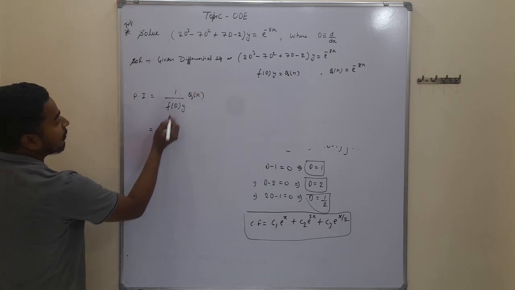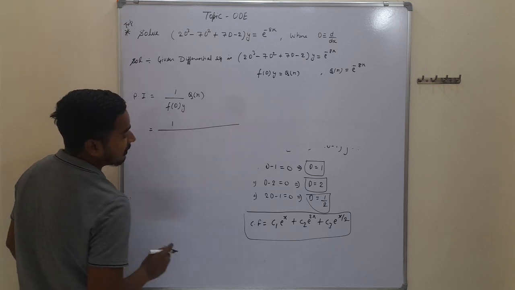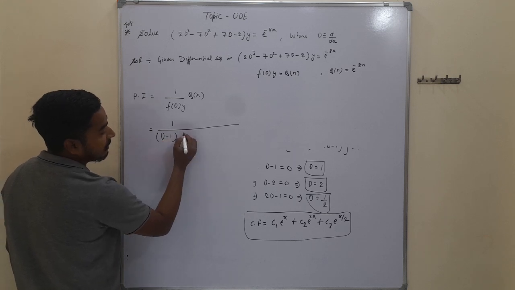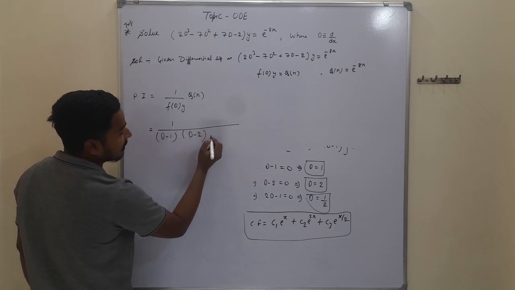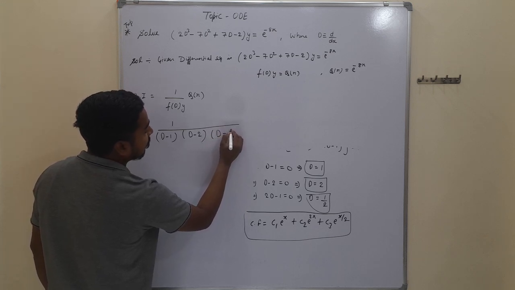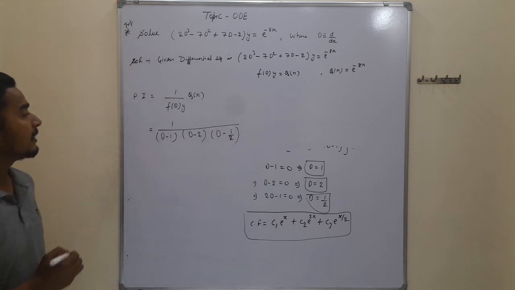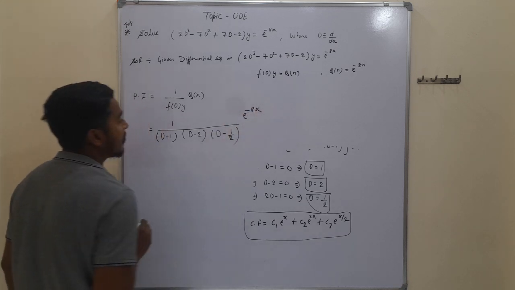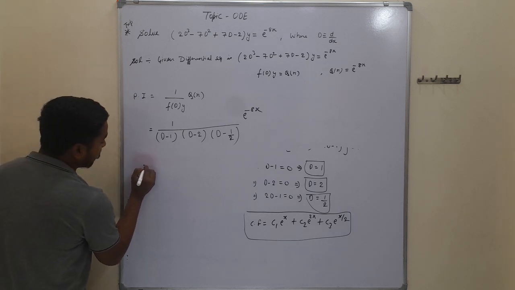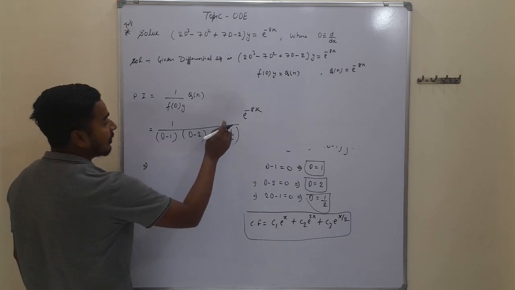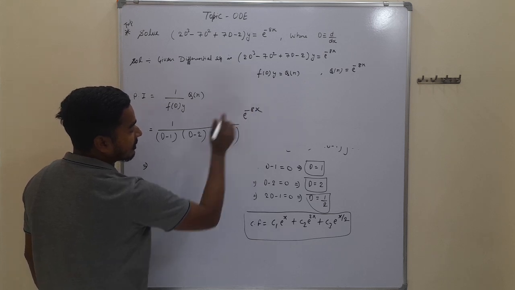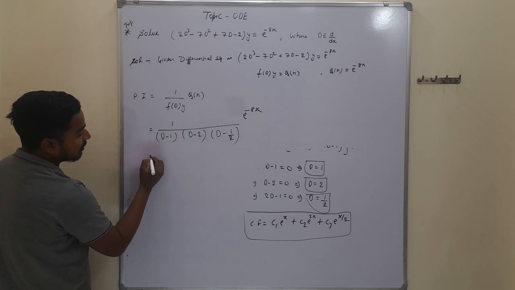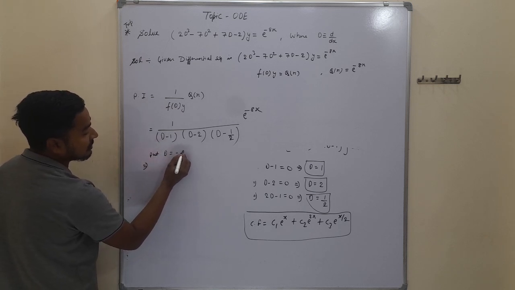Putting here 1 upon f of D, as we calculated earlier, this is (D minus 1)(D minus 2)(D minus 1 by 2), and here Q(x) is e to the power of minus 8x. We have to put in place of D, comparing with e to the power of ax, we get a is equal to minus 8, so we put D is equal to minus 8.